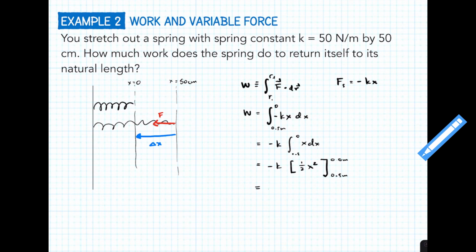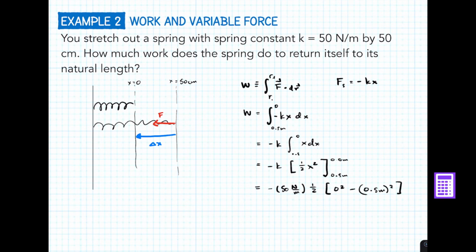So we get negative 50 newtons per meter times 1/2 times 0 squared minus 0.5 meters squared. So you have a negative here, you have 0 minus something so that you get another negative, that should give us something positive.